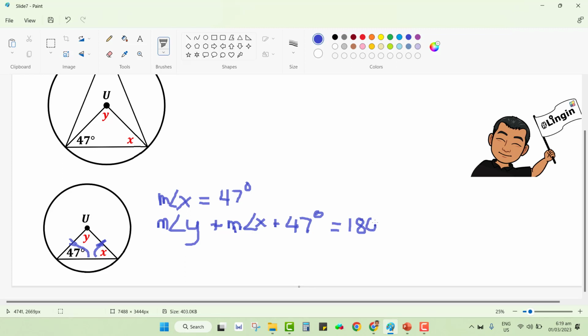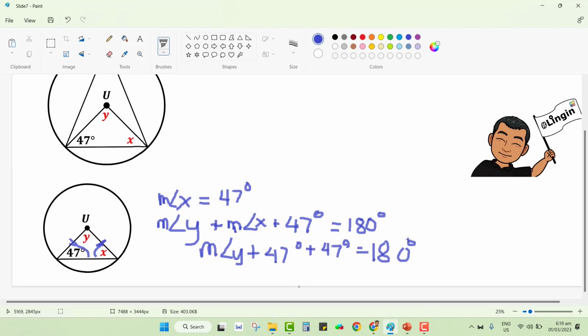And since we already have the value for the measurement of angle X, the measurement of angle Y plus 47 degrees as the value of angle X plus the original 47 degrees must sum up to 180 degrees.